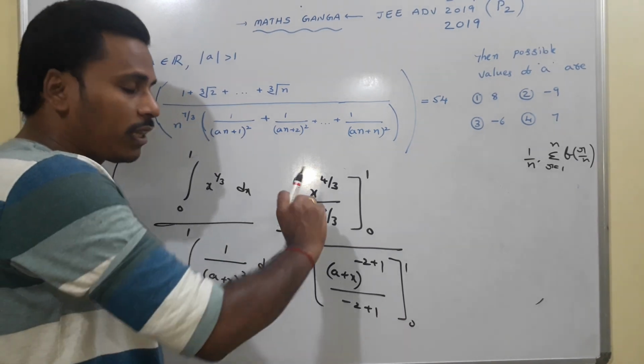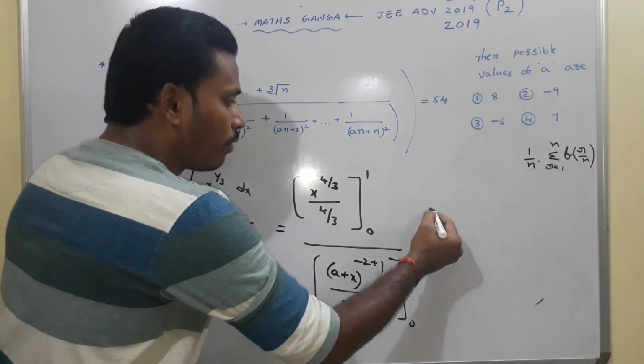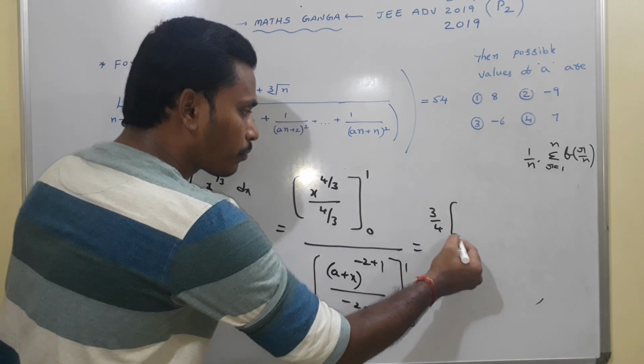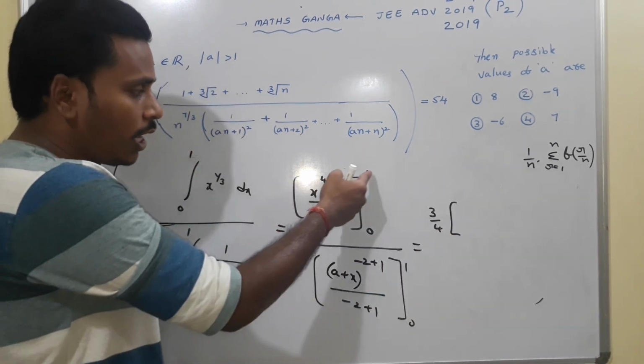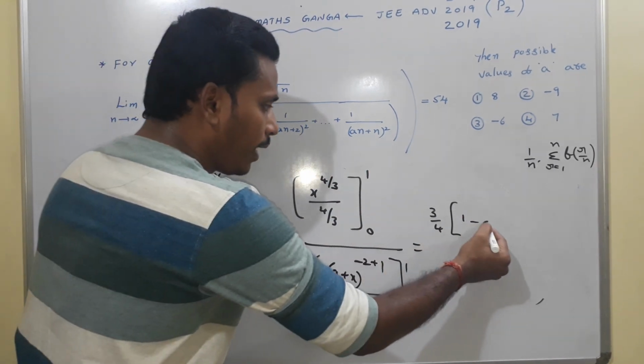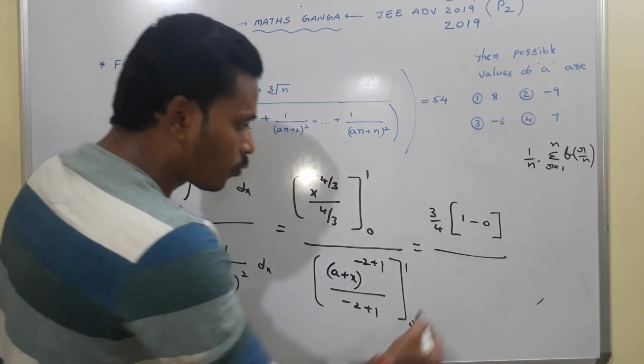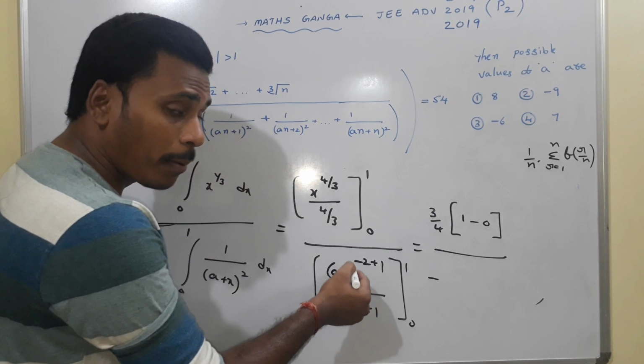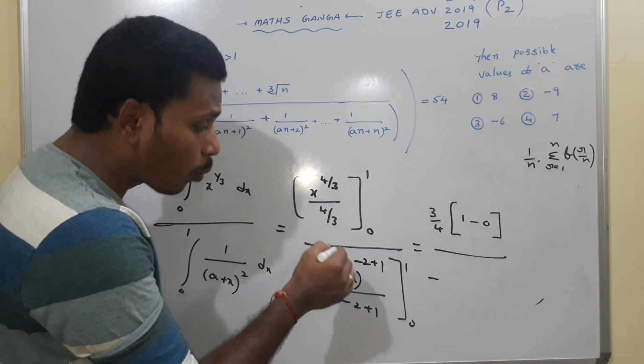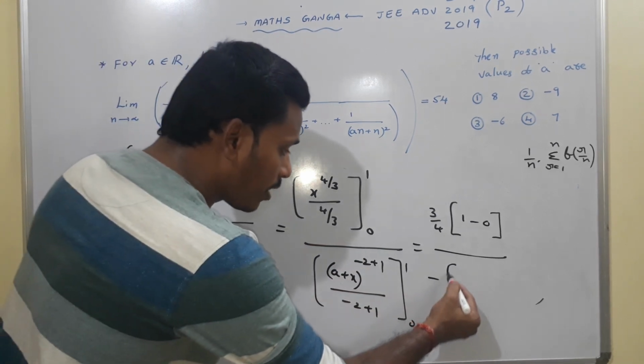Now, this 4/3 will become 3/4. We will express it like (3/4) x^(4/3). If you replace 1, it is 1 minus 0. And coming to the denominator, 1 minus 2 is minus 1. Keep it out, and this is 1/(a + x). In that 1/(a + x), first you just replace with 1.